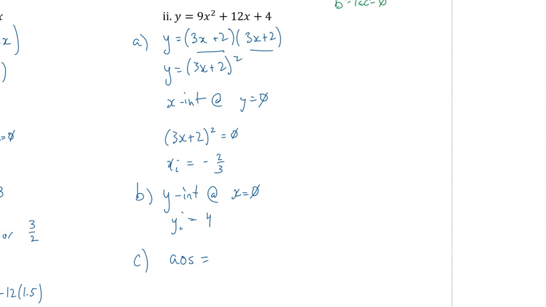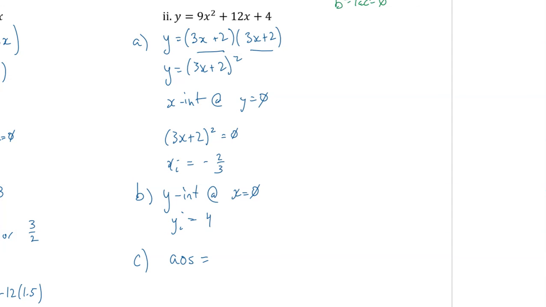So this is the last thing that I need to get to so that people know what to do, because this is a little bit strange. I don't have two x-intercepts to add together and divide by 2. So how do I find the axis of symmetry? Well, you got two options here, folks.